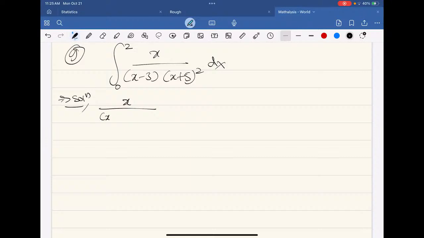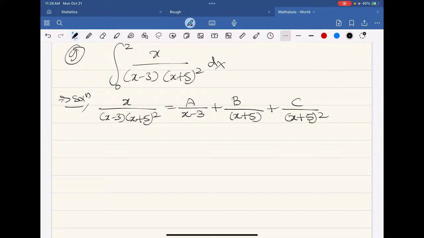So x by (x minus 3)(x plus 5) square. We know that this can be broken into A by x minus 3 plus B by x plus 5 plus C by (x plus 5) square, right?